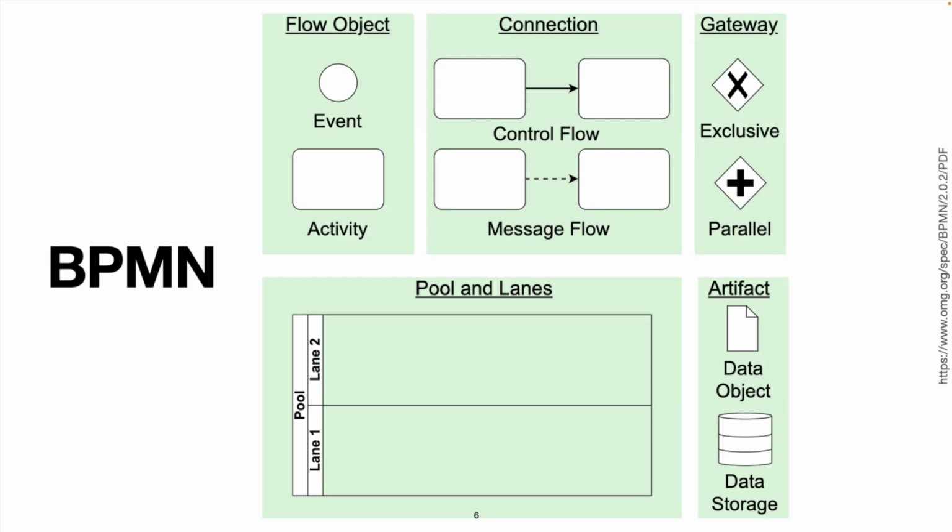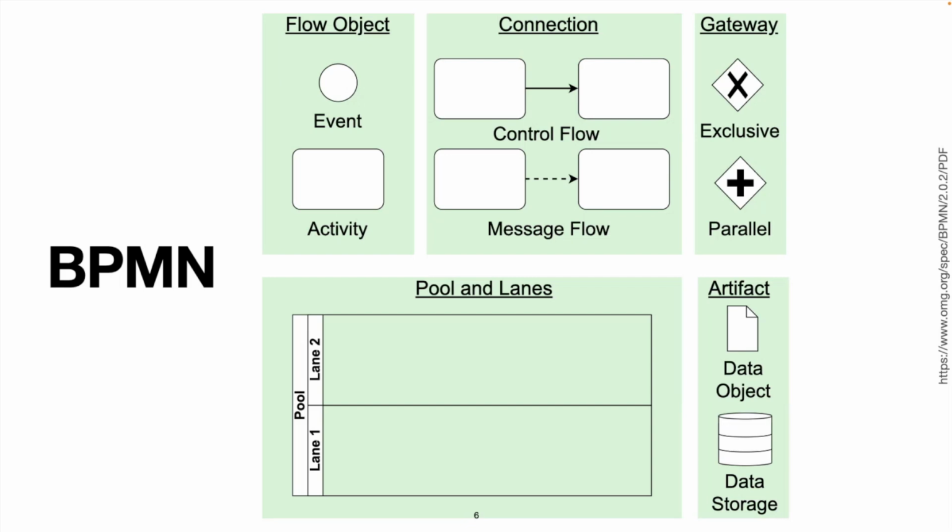So just a basic overview of the elements of this language. We have the flow objects, we have events, we have activities. Activities are supposed to be executed by the participants, while events can reflect any kind of external factor that can impact the process as it progresses. And we have the connections. In the connections, we have the normal control flow between the tasks and the message flow.